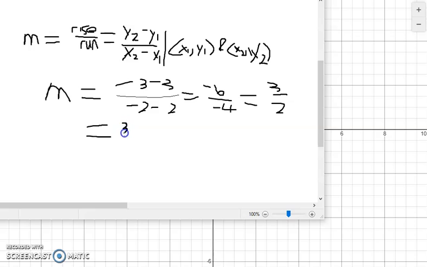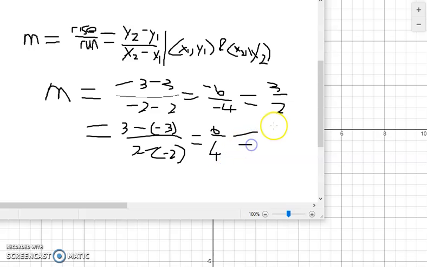Now I can check and confirm that if I did it the other way around, that'd be the same answer. I'd have 3 minus negative 3, and then I'd have 2 minus negative 2 right here, which becomes positive 6 over positive 4, which is also positive 3/2.